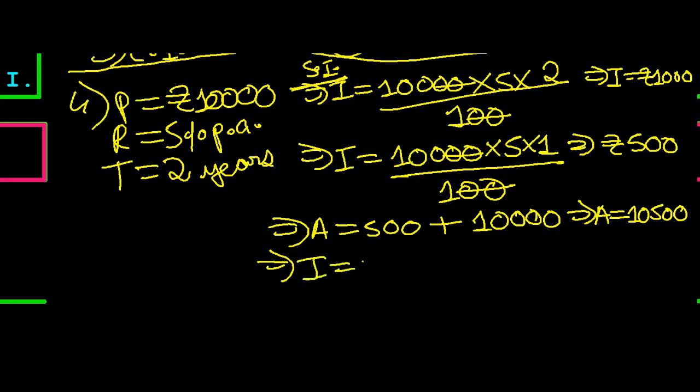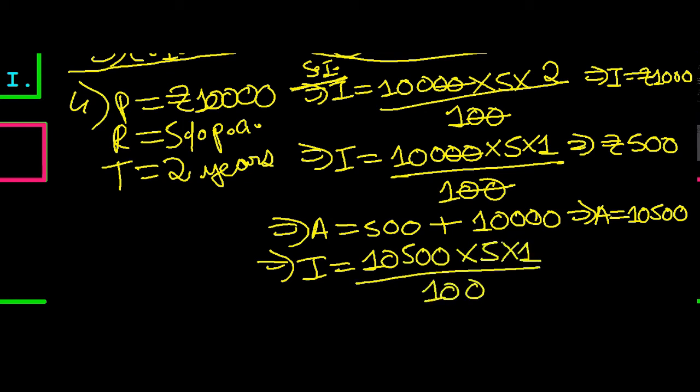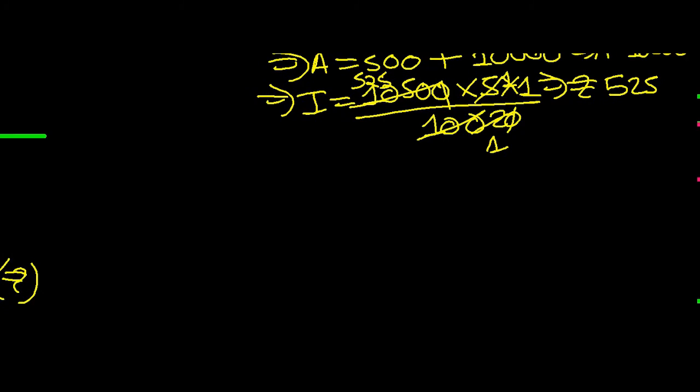Again we find the interest for the second year. 10500 into 5 into 1 by 100. Okay, zeros are cut, and the interest for the second year is rupees 525.